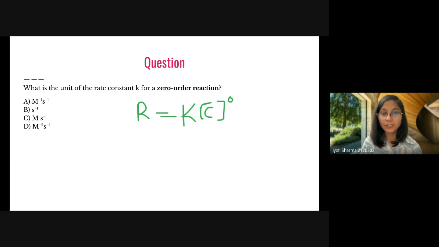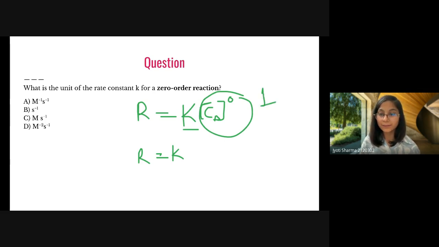For the zero order reaction, it will be K, and here the concentration of the reactant, let's say concentration of reactant is CA, and because it is zero order, then raised to power it will be 0 only. Then this rate is equal to K, right? Because this is 1. So your rate is equal to K.